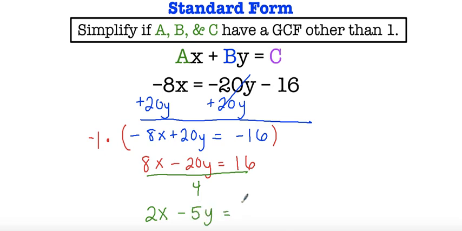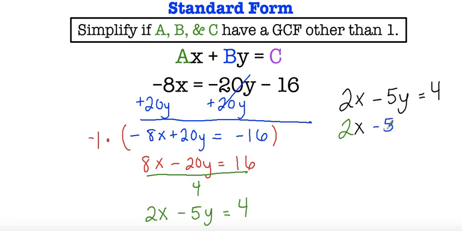And 16 divided by 4 is 4. So here we have 2x minus 5y is equal to 4, where a is 2, b is negative 5, and c is equal to 4. And that's it.